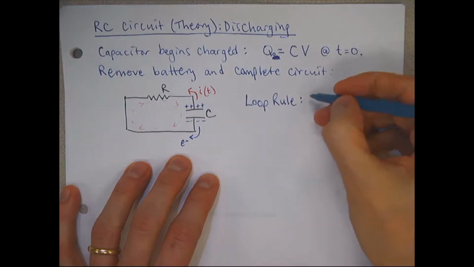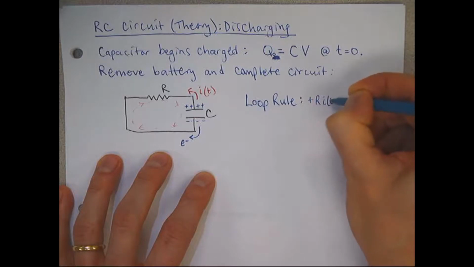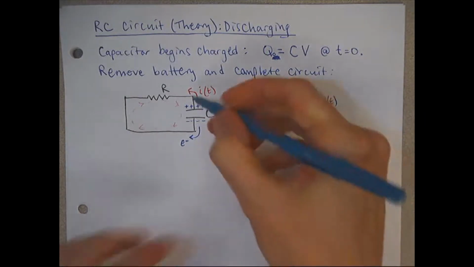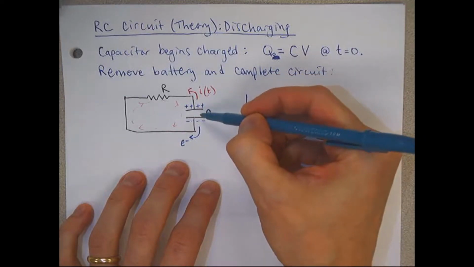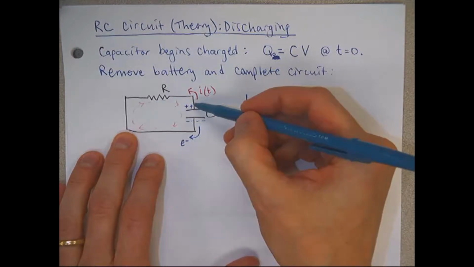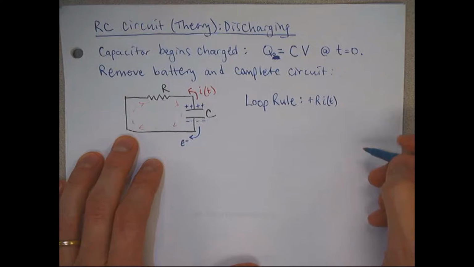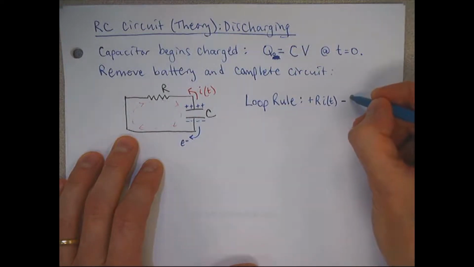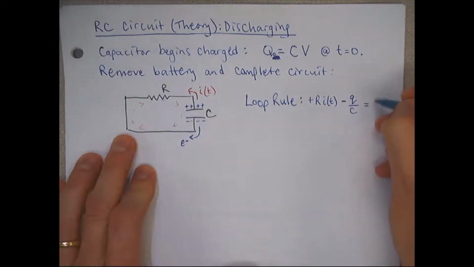You have a plus R times the current, and then we have a drop from a higher to a lower voltage here. Q over C gets us back where we started.